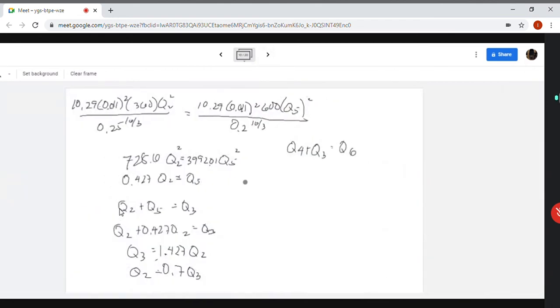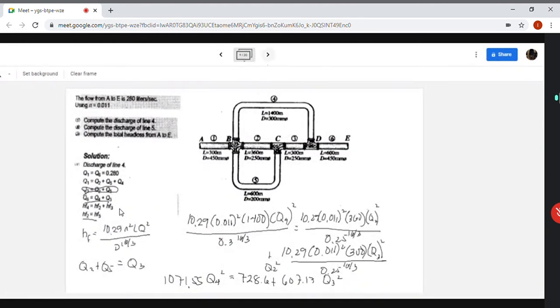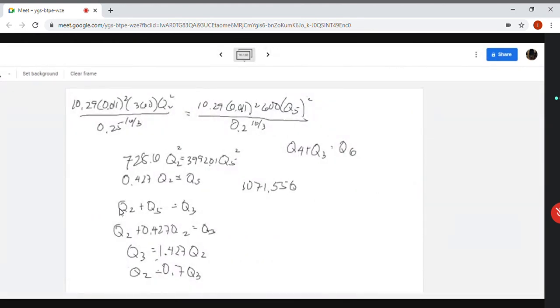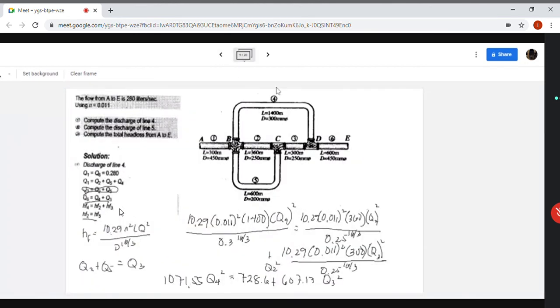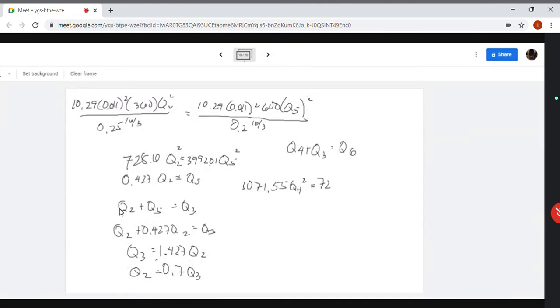If we rewrite that here: 1071.55 Q4 squared is equal to 728.6 Q2 squared plus 607.17 Q3 squared.